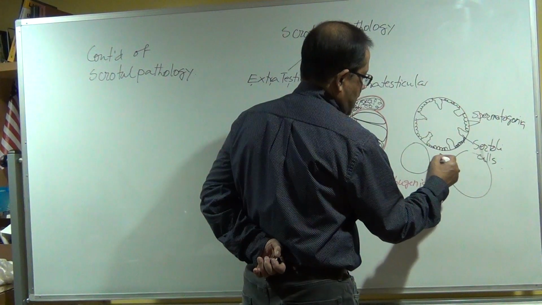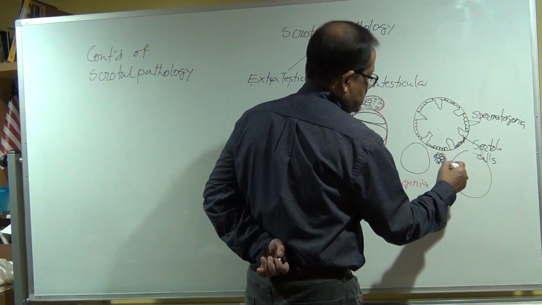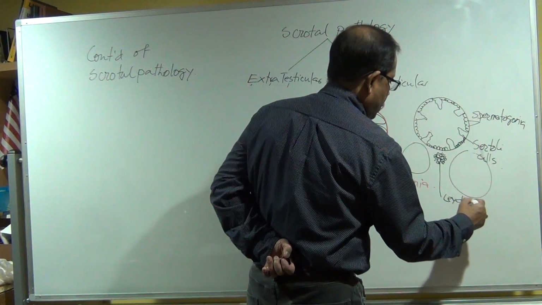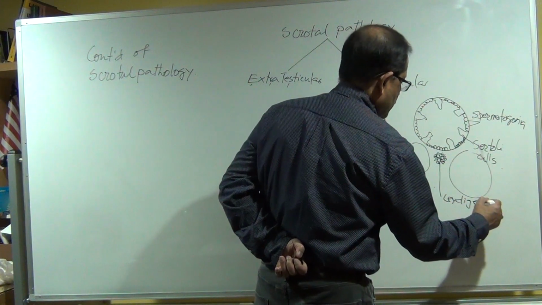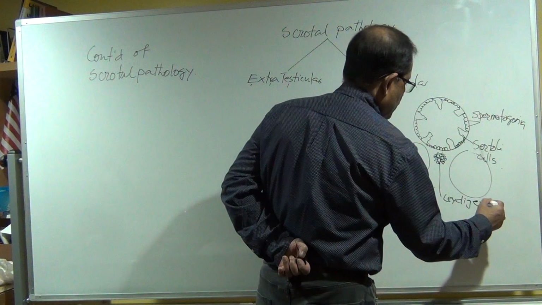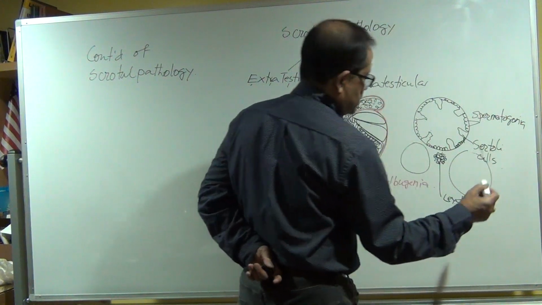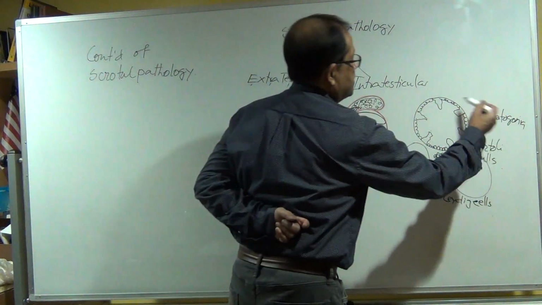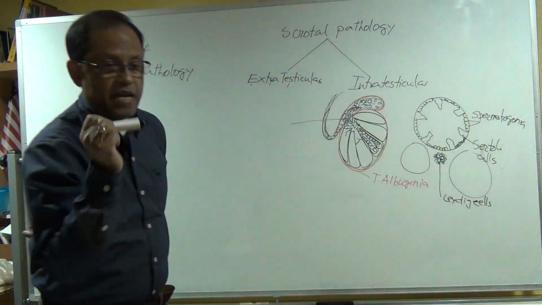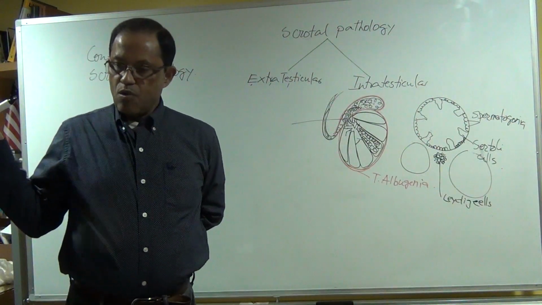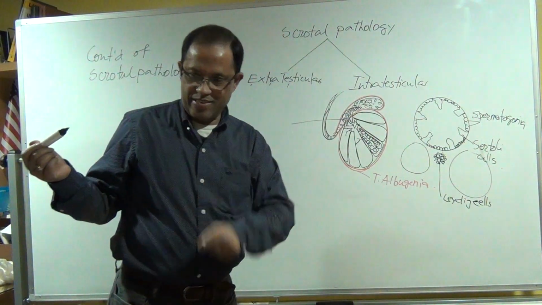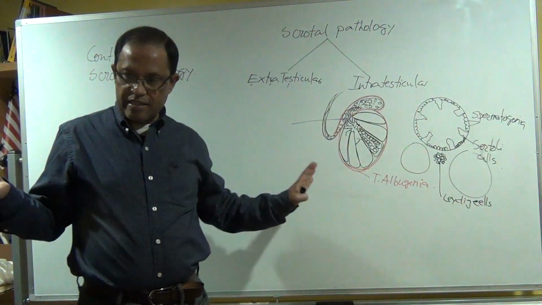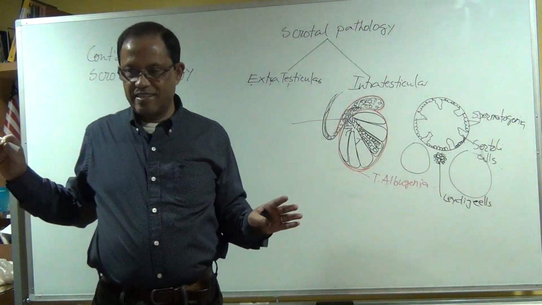These cells are Leydig cells. So there are different types of cells, which means there are different types of disease. Where is it? Intratesticular. So just study it in this way, you will never forget.